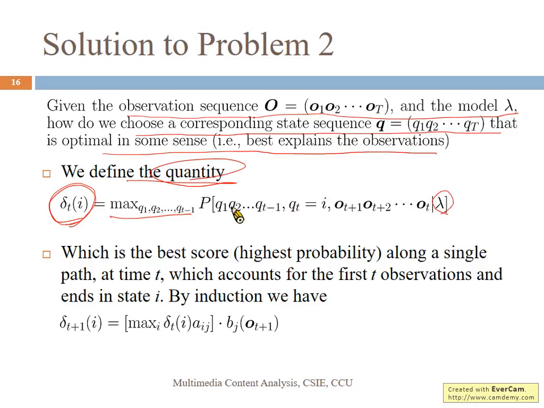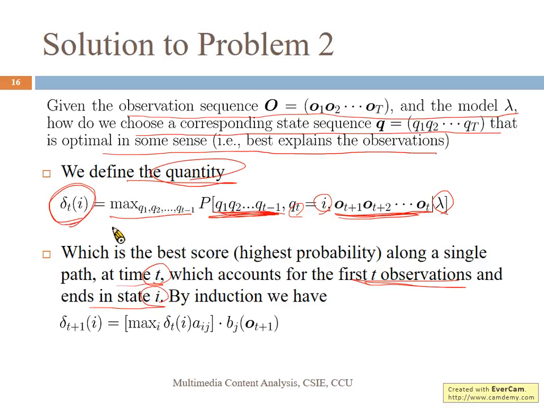Given the model lambda, the probability of the partial state sequence from time instance 1 to time instance t minus 1, which we already know, and at time instance t we are at state i, and from state i the following observation sequence is O(t+1), O(t+2), up to O(T). It is the best score along a single path at time t, which accounts for the first t observations and ends in state i.